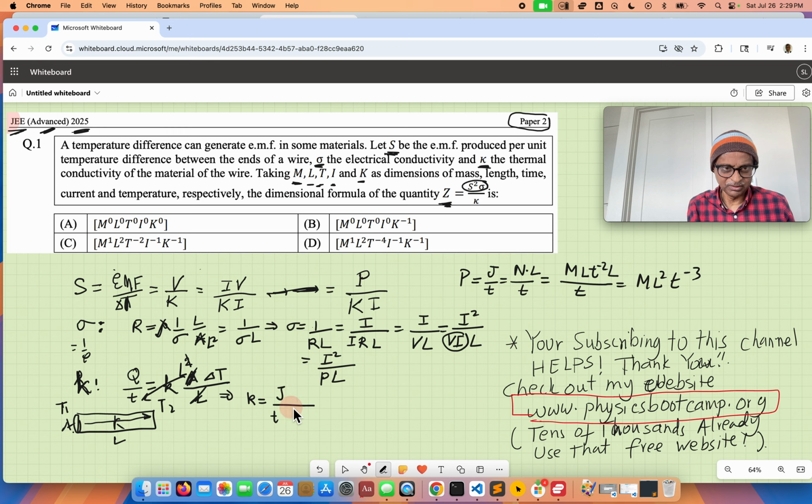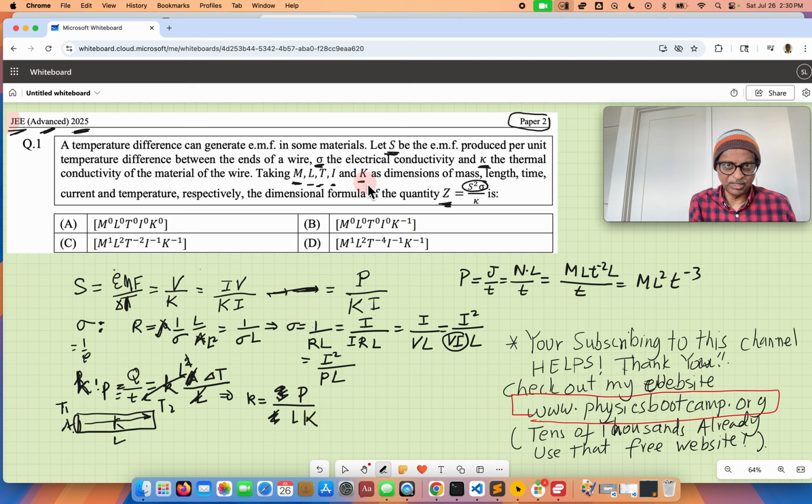There's the watt, there's the power. So let's call this power. So power divided by L and delta T, that's the temperature.